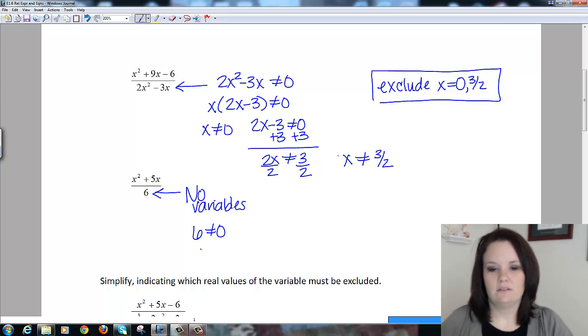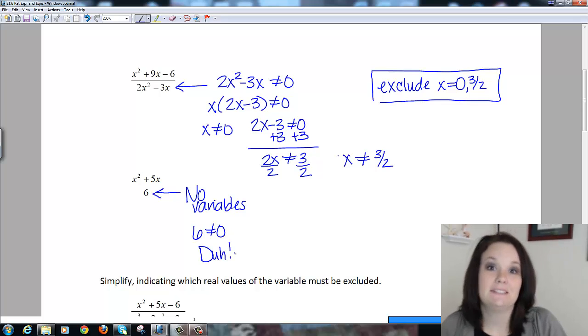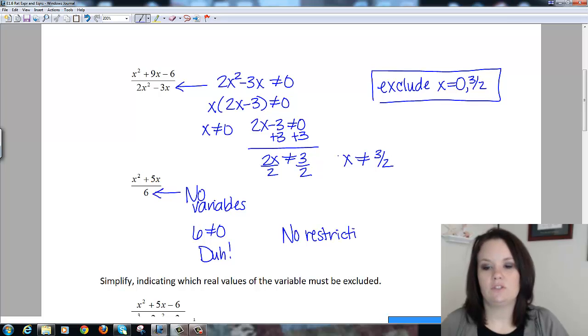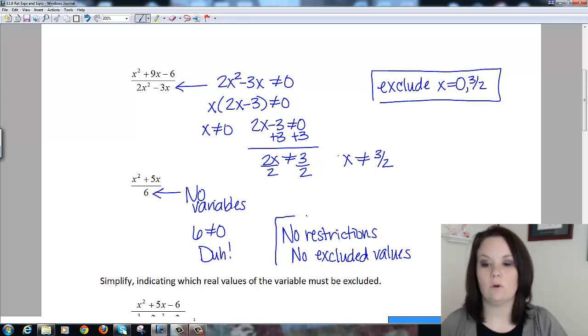So here, I'm just going to put duh, 6 doesn't equal 0, which means that there's no restrictions. No restrictions. Or we can say no excluded values. Okay, either one is fine by me.